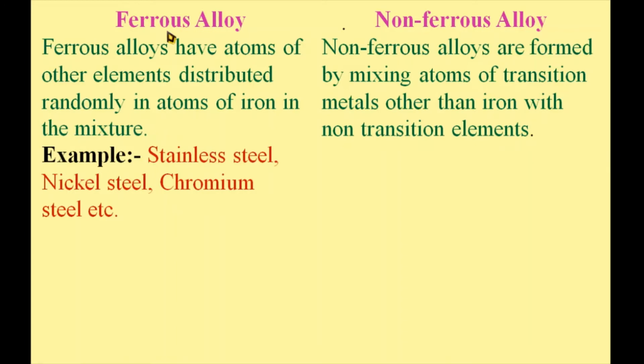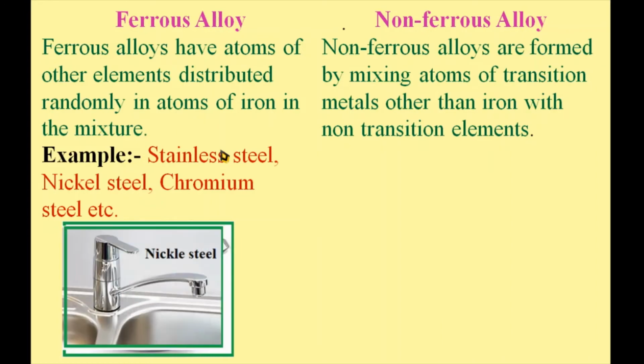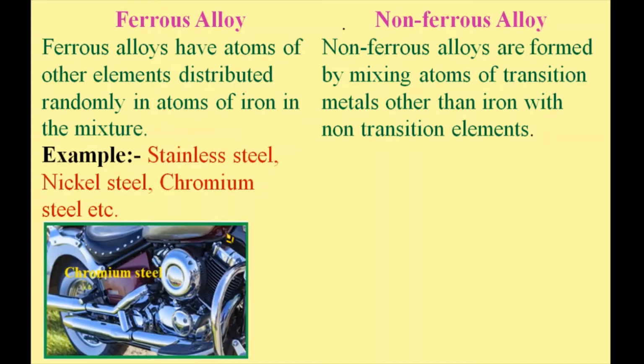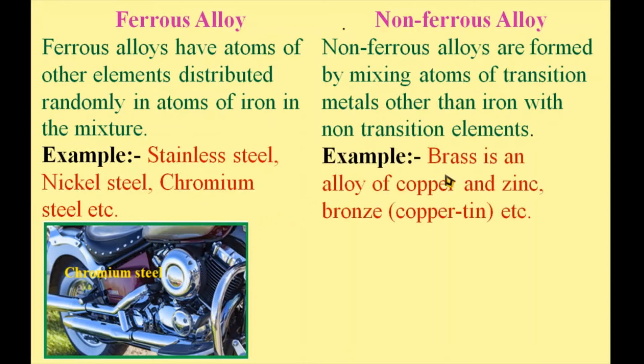Examples of ferrous alloys are stainless steel and nickel steel, which is used in the manufacturing of tapcocks, and chrome steel, which is used in decorating bikes. Brass is an example of a non-ferrous alloy. Brass is an alloy of copper and zinc.